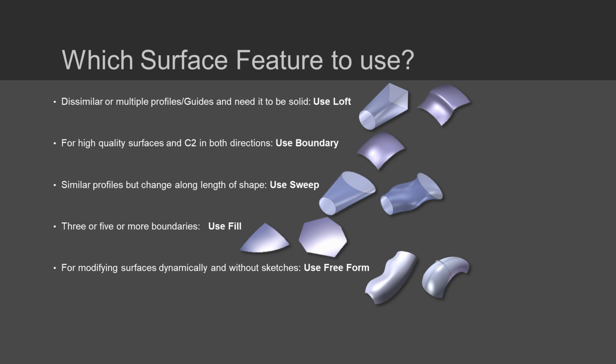And I'll show you in a slide where that becomes important in just a moment here. And then we have some more esoteric features like freeform, which is basically a push and pull NURBS modification tool for an existing surface.